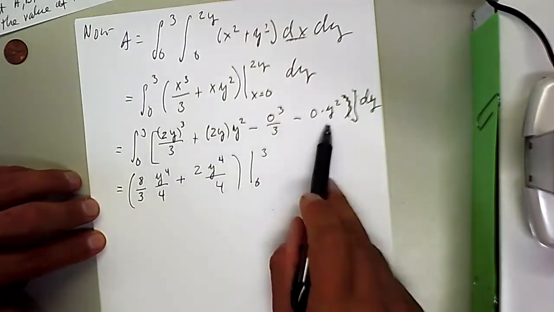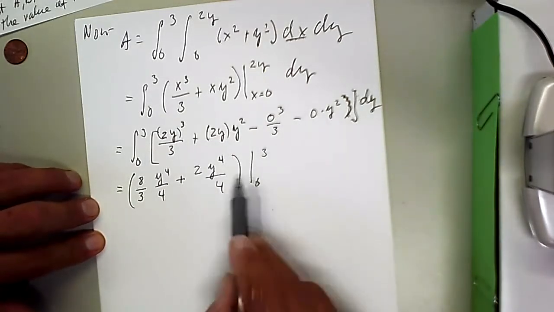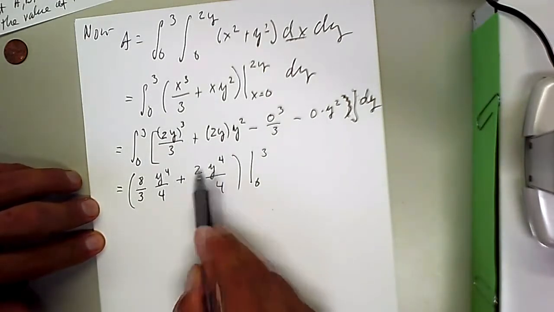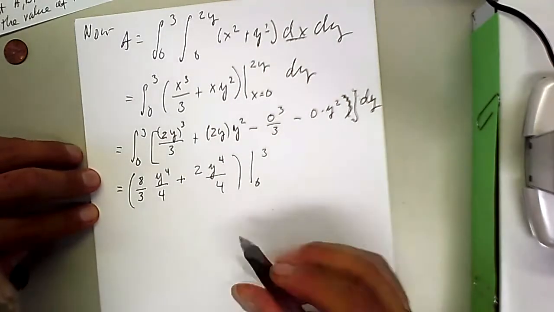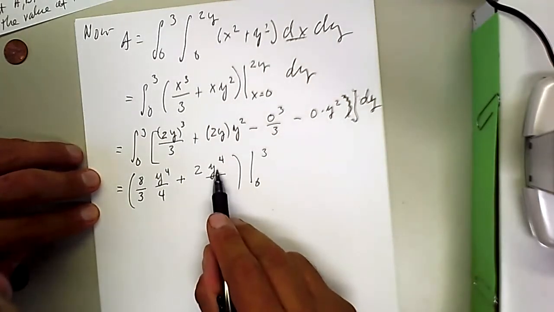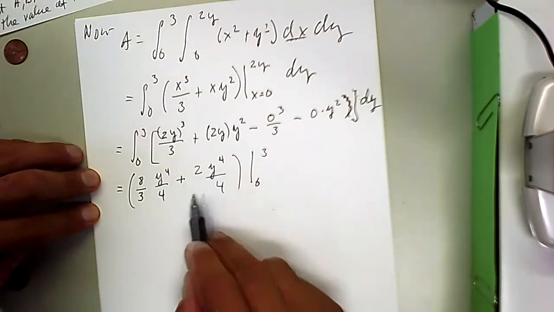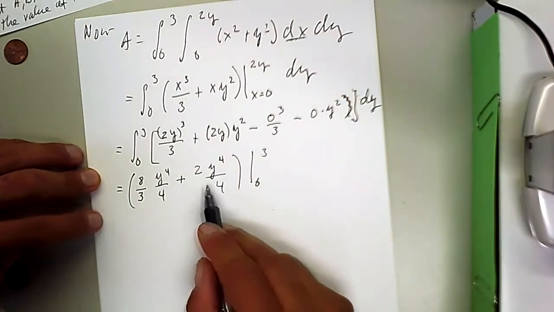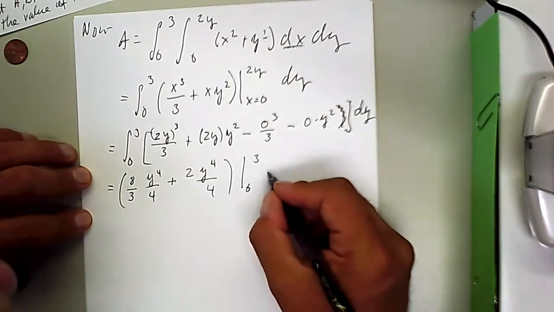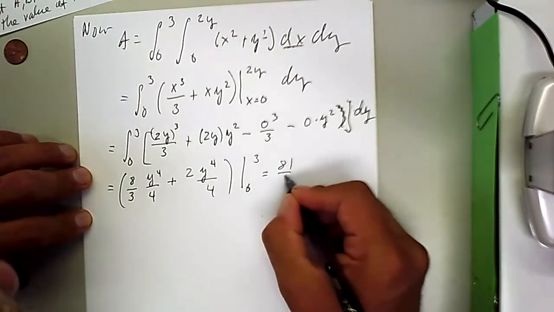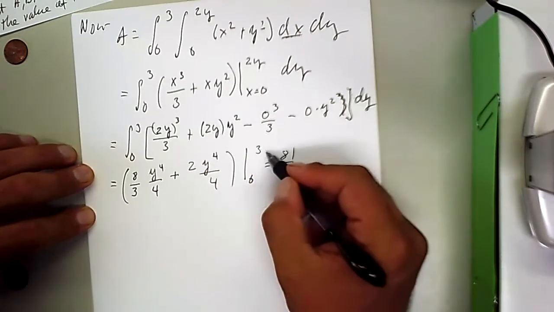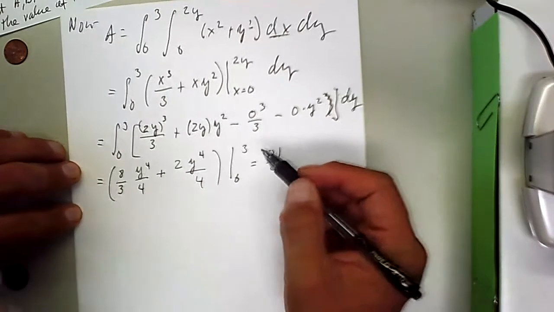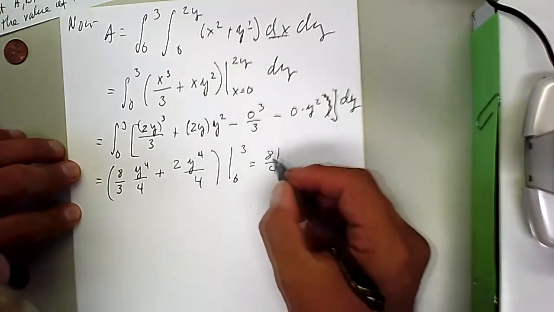This is a regular integral, calc 1 integral. If we plug in 0, we're going to end up with 0 and 0. So there's no point in plugging in 0 because that's going to go away. In fact, we can factor out the y to the 4 over 4. We plug in 3 in it, so that is going to be 81 over 4. So I'm just factoring out y to the 4 over 4, after we plug in the 3 into it, so 3 to the 4 is 81.